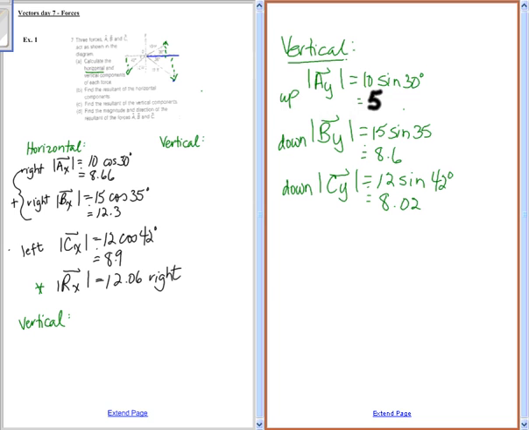So when I want to find my vertical component for the resultant, I have to be careful with my ups and downs. I'll put my two downs together. So I have 16.62. Down and up I have 5. So I'm going to do my 16.62, take away 5, 11.62 downwards.